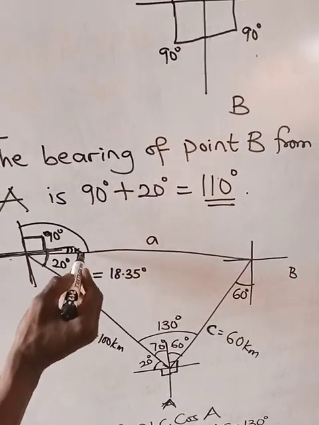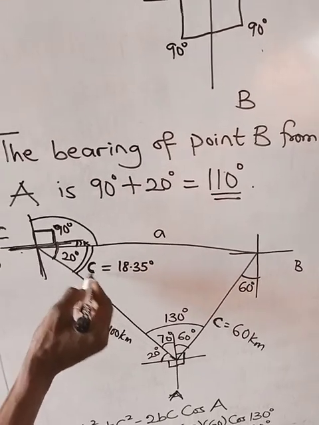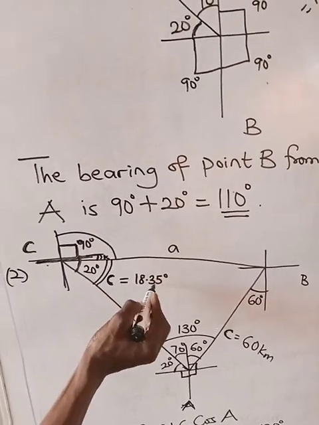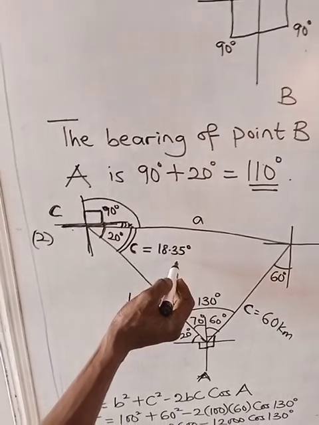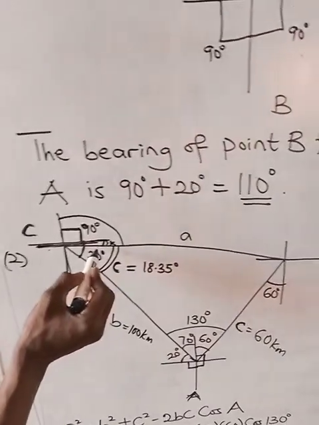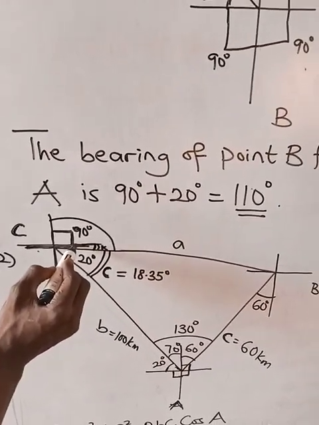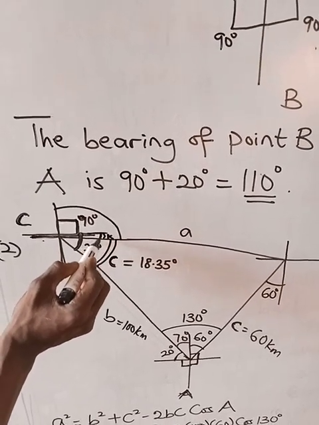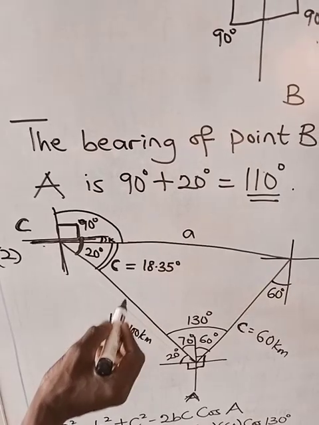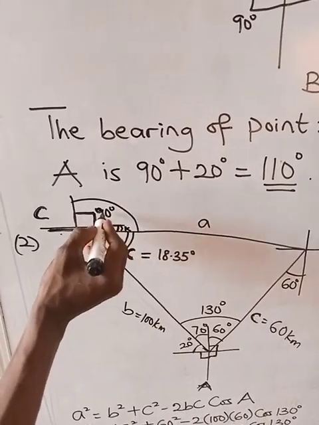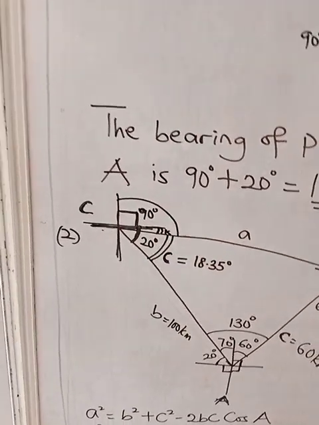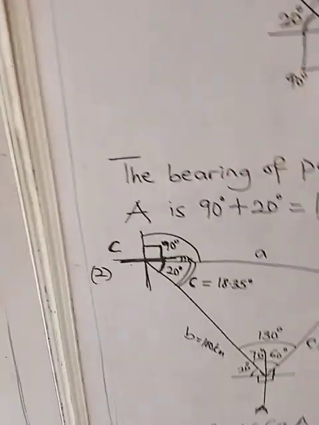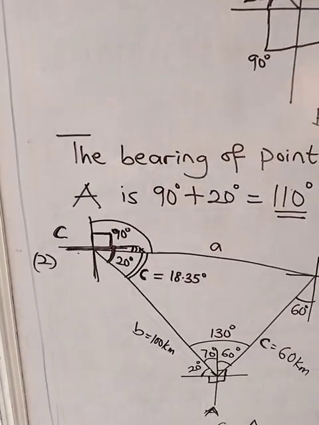You have to find angle C first, and we use sine rule. Subtract it from 20, because 20 is from this line, to get the small angle. Then you add this 1.65 to 90. That is what forms the bearing of B from C. I hope that is clear to you.